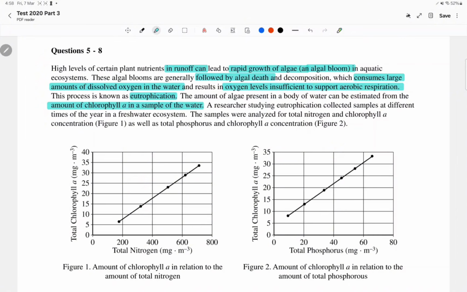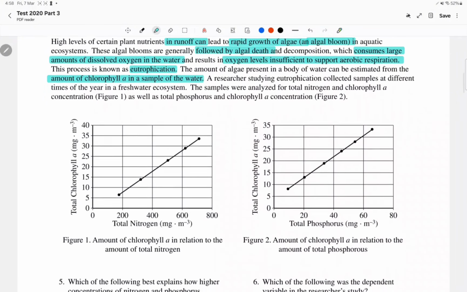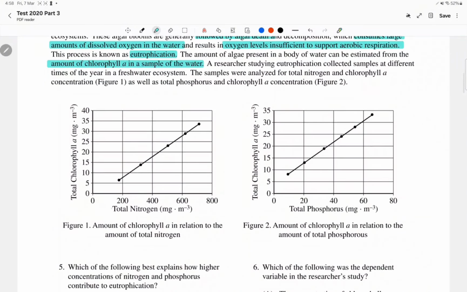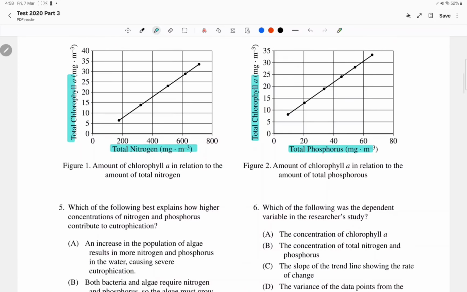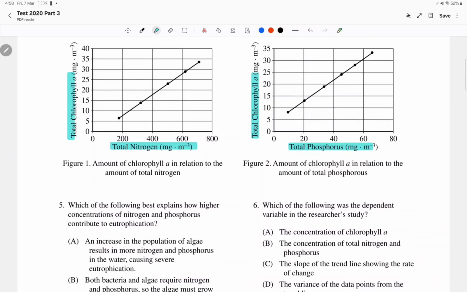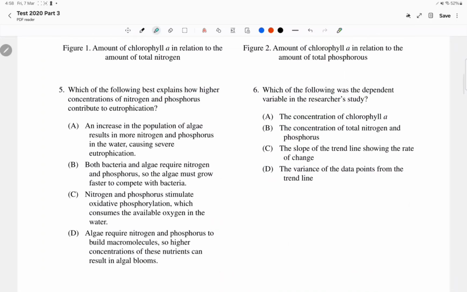Now, as we can see here, if there is more nitrogen, we also get more chlorophyll A. If there is more phosphorus, we also get more chlorophyll A. So both nitrogen and phosphorus are important for this organism, right? Which of the following best explains how higher concentration of nitrogen and phosphorus contribute to eutrophication? Let's see if you guys can think correctly.